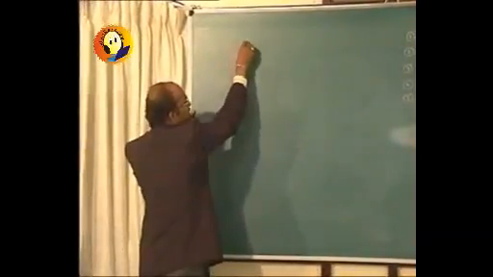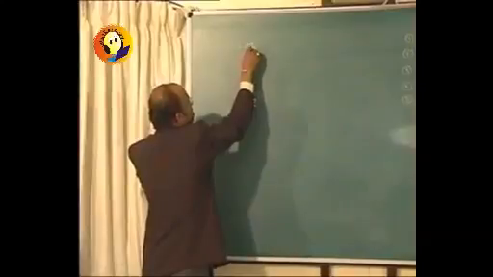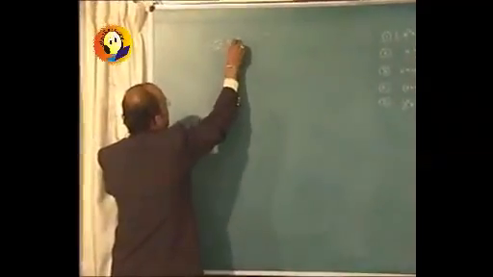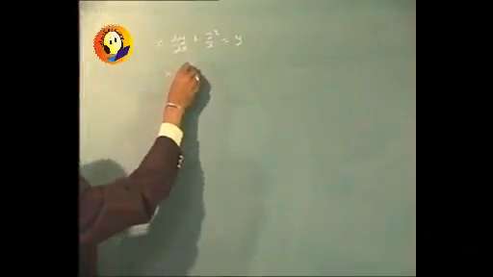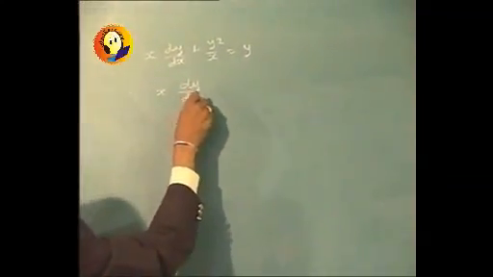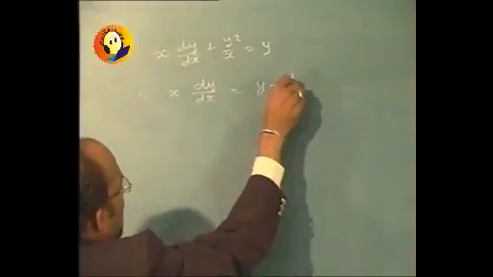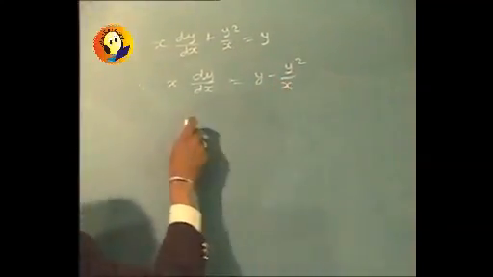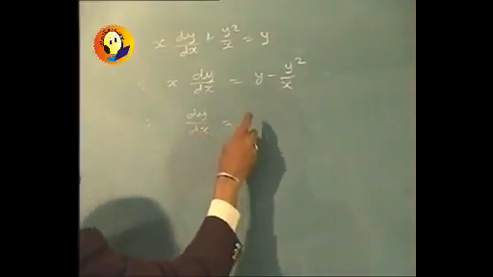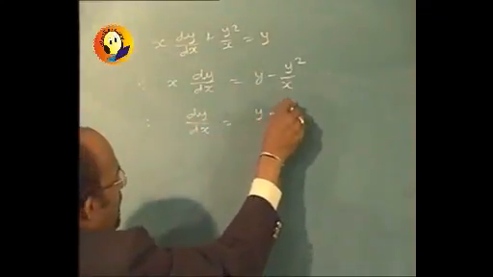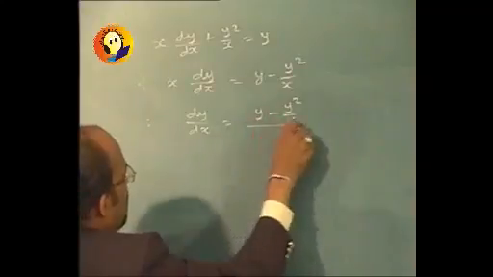So it is x dy by dx plus y square upon x is equal to y. Therefore x dy by dx will be equal to y minus y square upon x, and dy by dx will be y minus y square upon x divided by x.